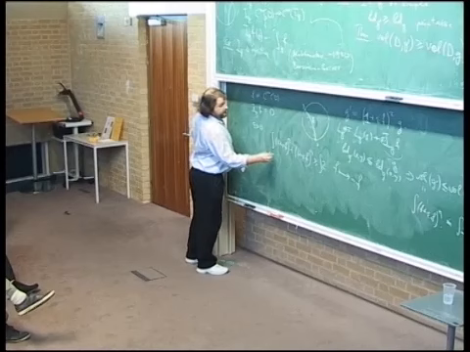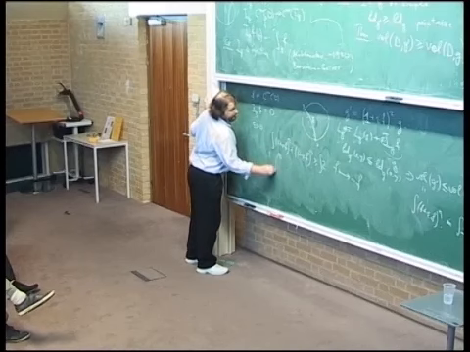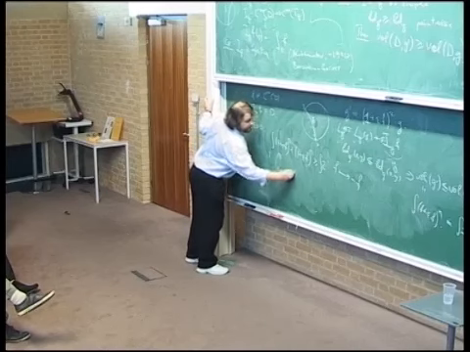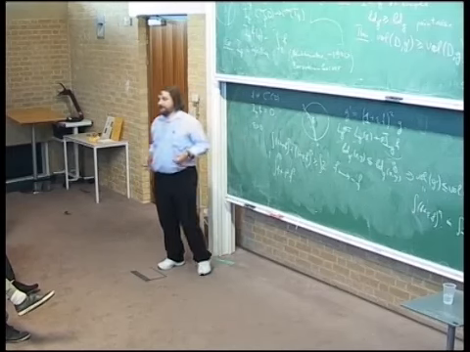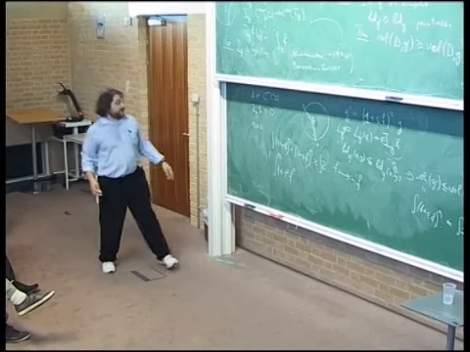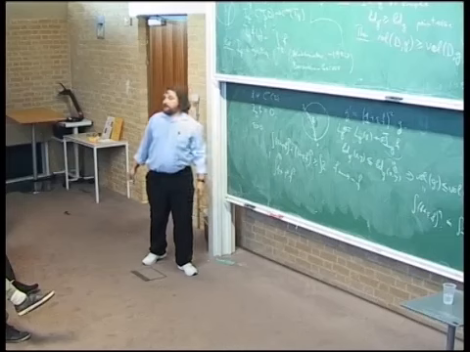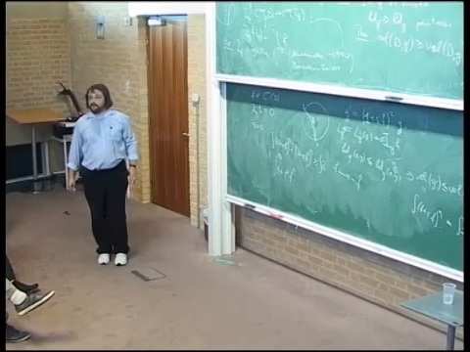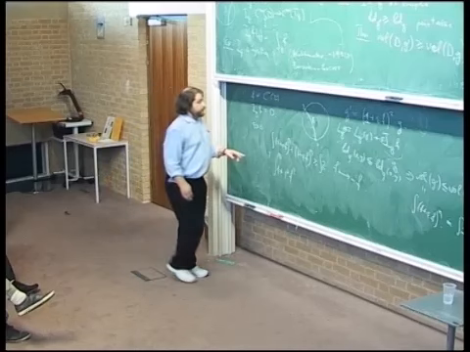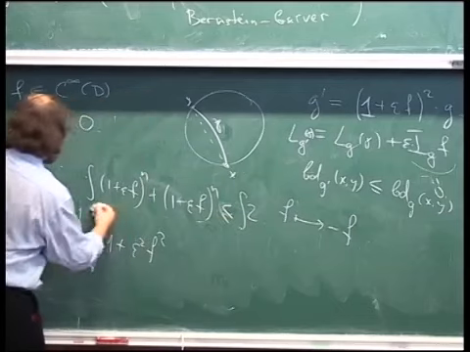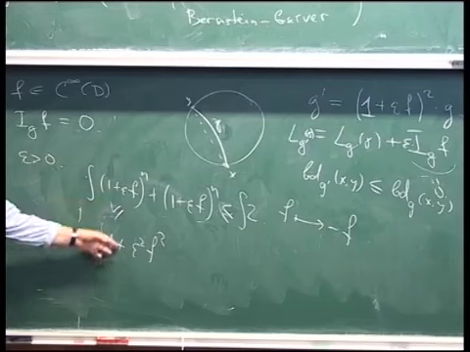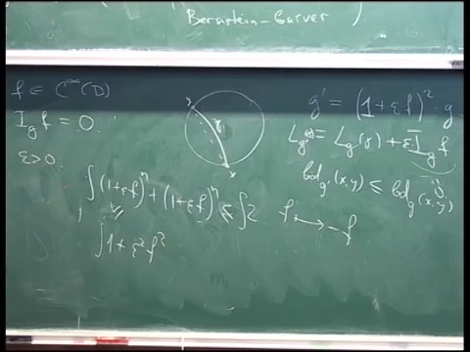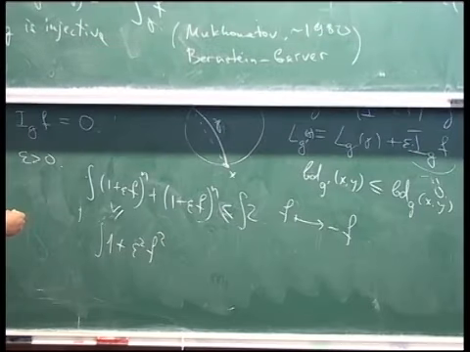And this is bigger than the integral of 2 plus epsilon squared f squared for trivial reasons, just expand the Newton binomial. So you have that the integral of f squared is non-positive, and therefore f is zero. This is just the Newton binomial, not Taylor expansion. So this is how this follows.